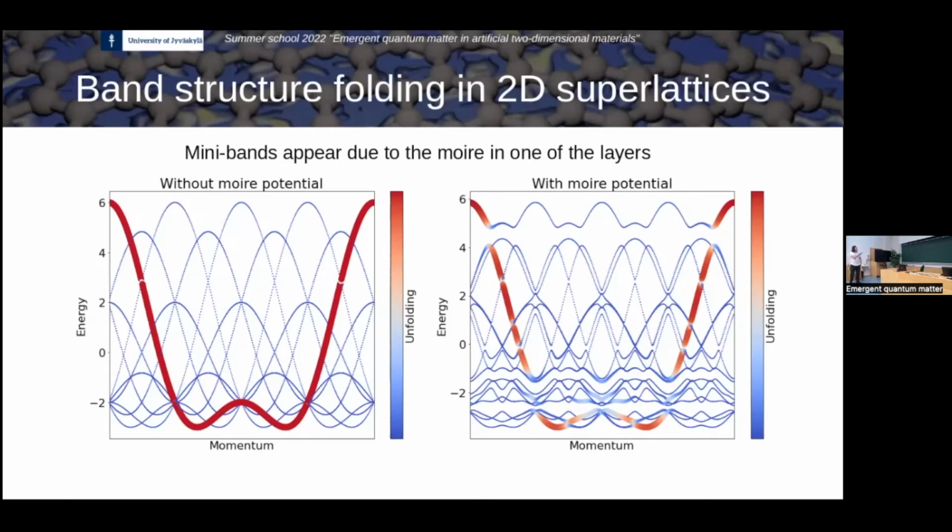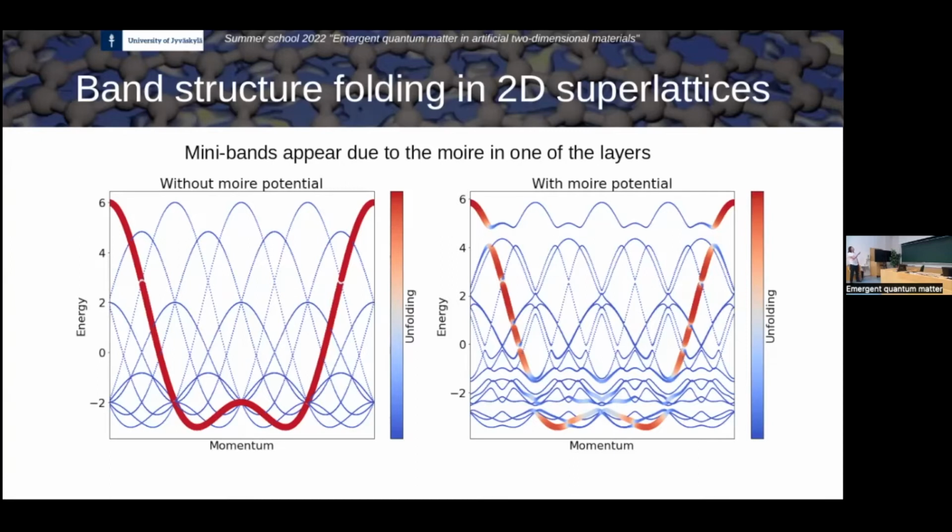You essentially see that in the case of a triangular lattice, in the absence of moire potential, you recover your original triangular bands, right? Your moire bands are relatively complicated, but you can always pick one that gives rise to the electronic structure of the minimal unit cell.